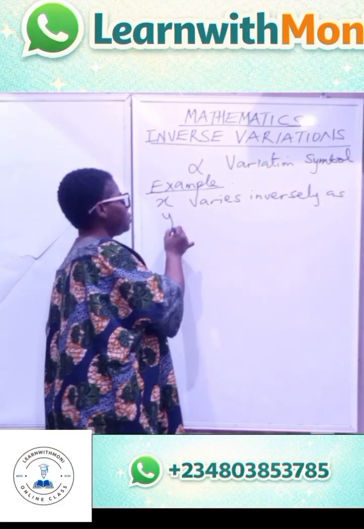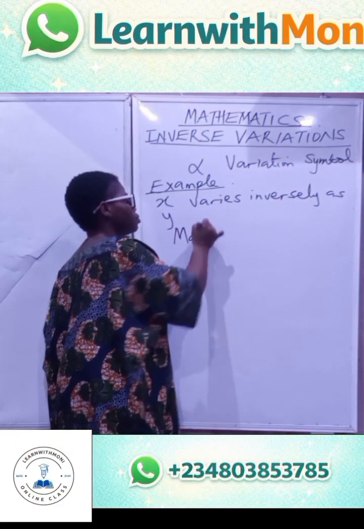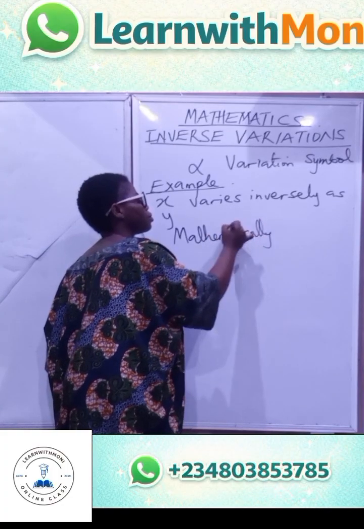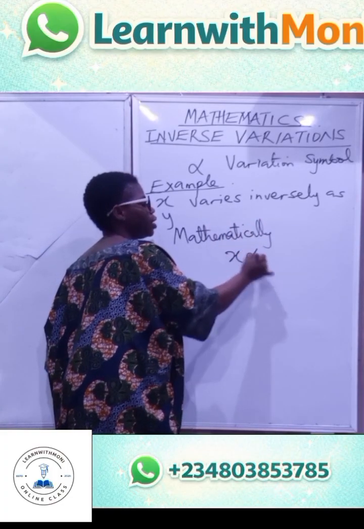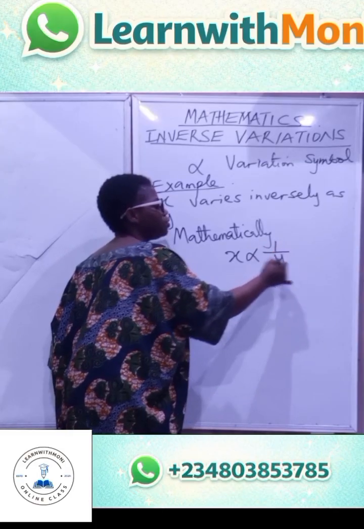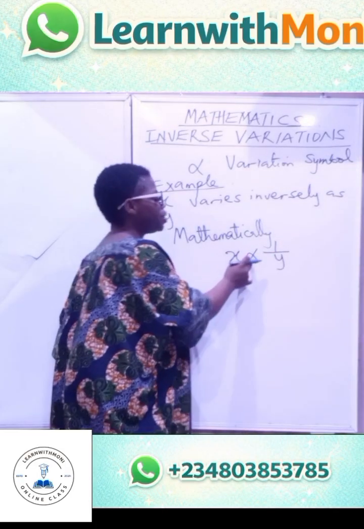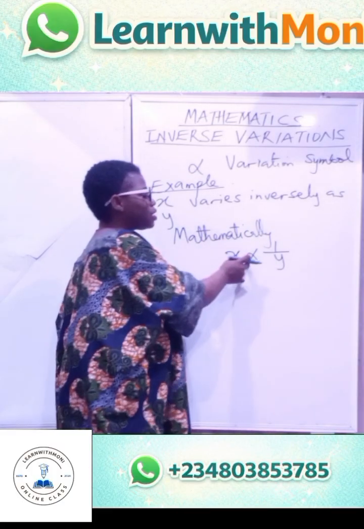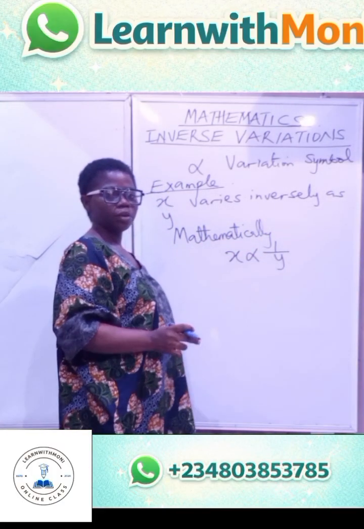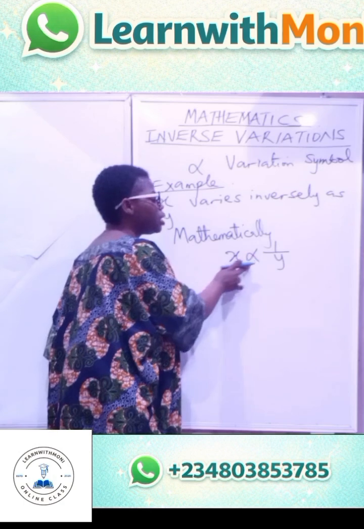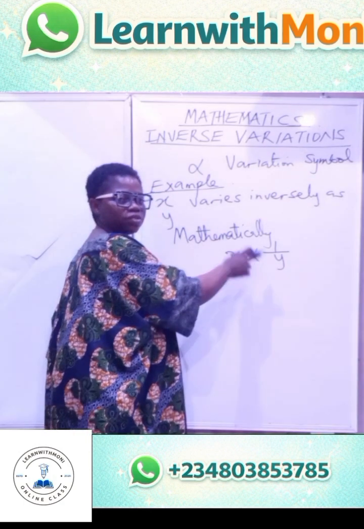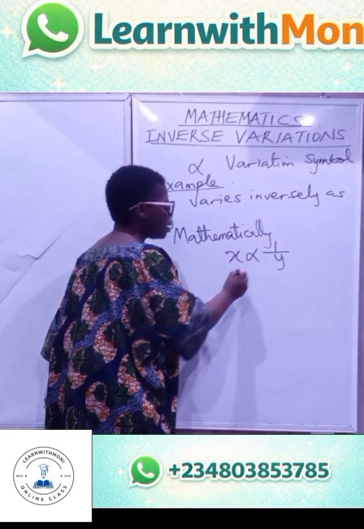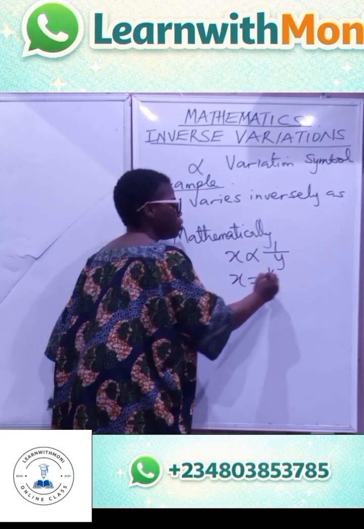Mathematically, this means X is inversely proportional to y. Whenever you remove the variation symbol, you must introduce a constant. This means that X is equal to K over Y.